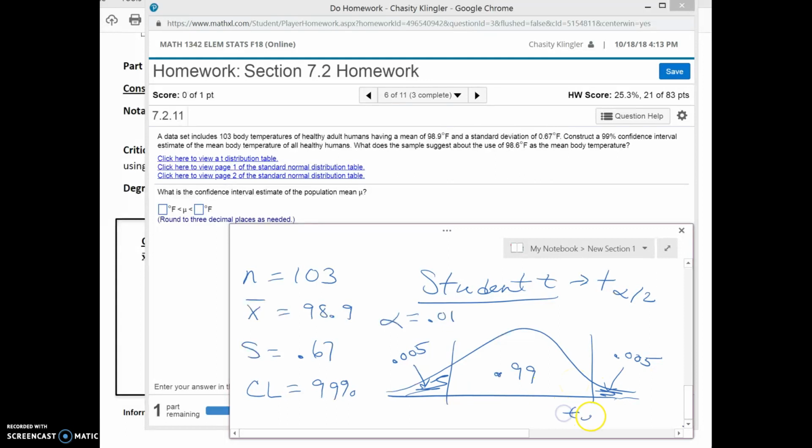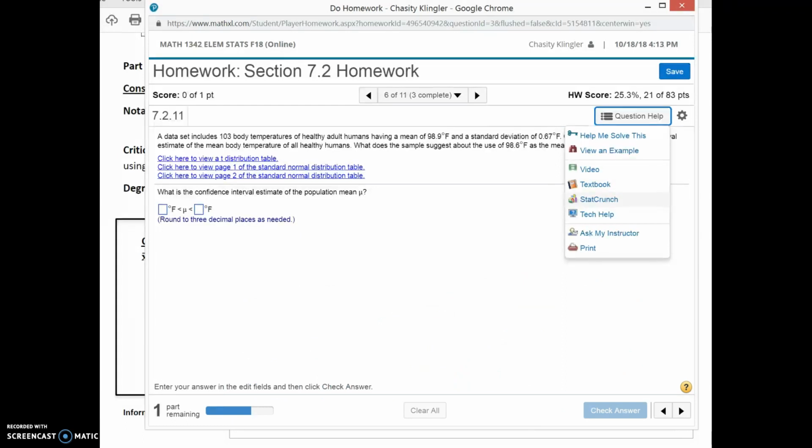So to find the T alpha divided by 2, I can use my calculator or my StatCrunch. Let's use the calculator this time. Maybe not, my calculator's not working. So let's go to StatCrunch.